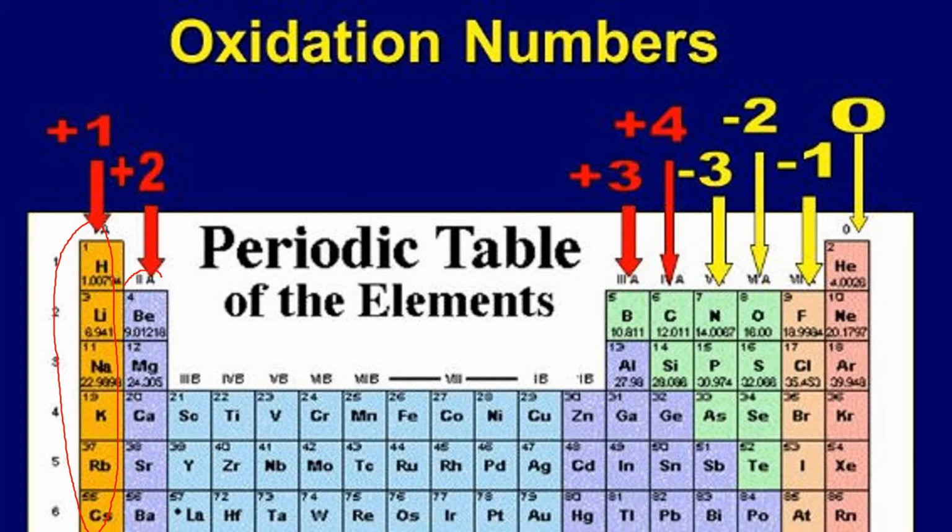Everything in family 2A has an oxidation number of positive 2. And those are metals with fixed oxidation number. So what other metals have a fixed oxidation number? Aluminum has a fixed oxidation number of positive 3. Zinc has an oxidation number of positive 2. So when we say fixed, it only has one oxidation number.